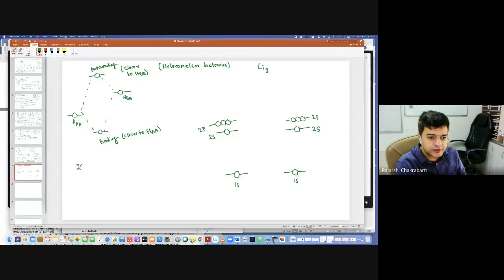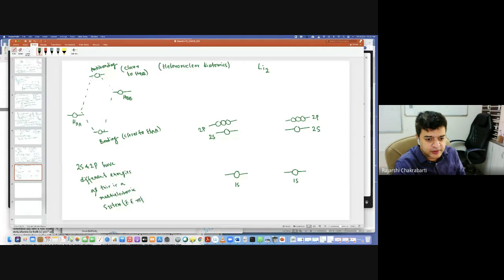So 2s and 2p have different energies as this is a multi-electronic system.